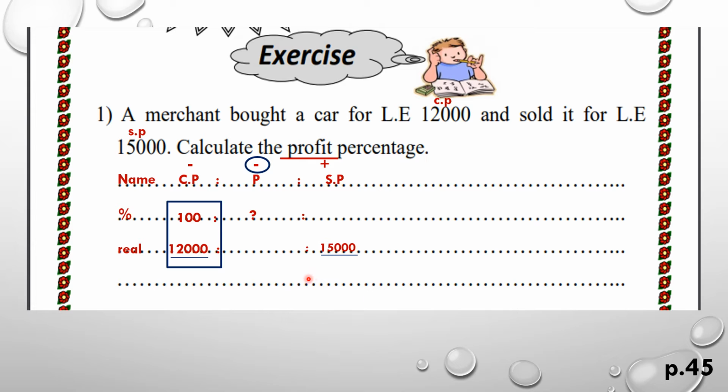So 15,000 minus 12,000 equals 3,000. Now we have a completed cross and we can use the cross multiplication to find the profit percentage. So profit percentage equals 3,000 times 100 over 12,000, which equals 25%.